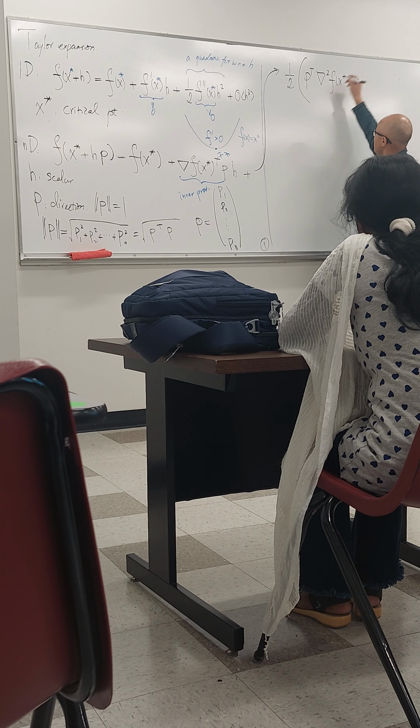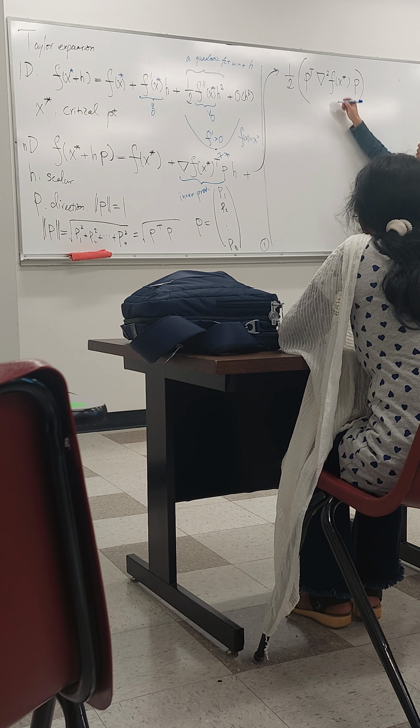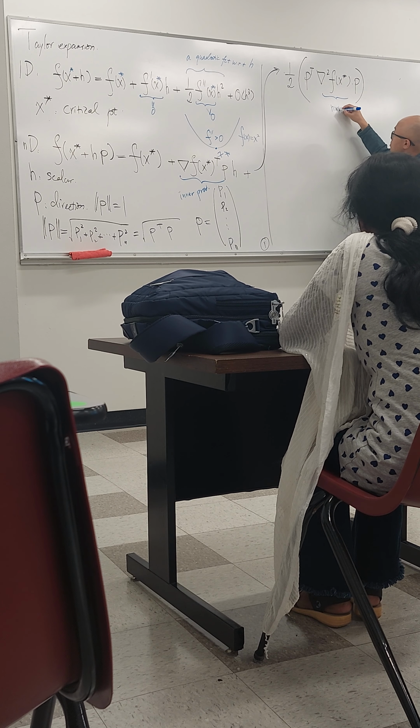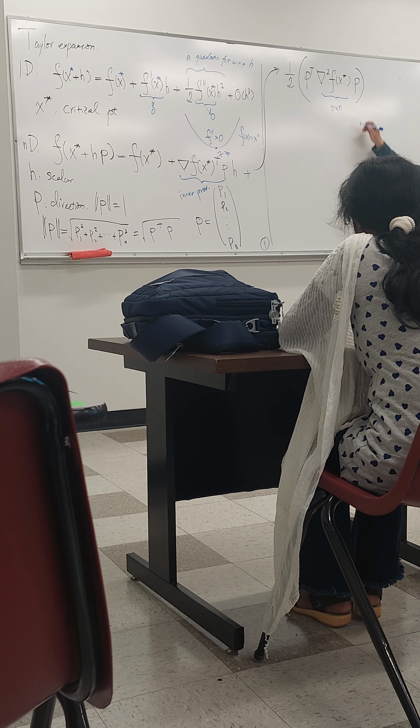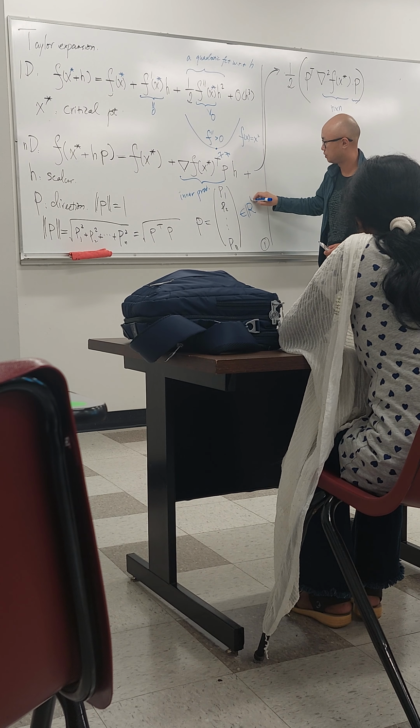So this is an n by n matrix. P is a vector, and a vector is normally understood as a matrix with n rows and 1 column. So basically it's a column vector. This is n by 1, and P transpose is 1 by n.